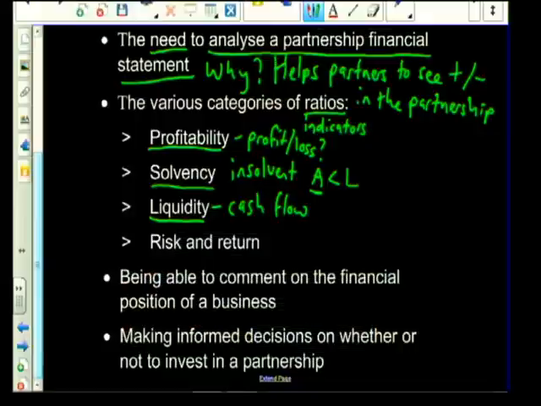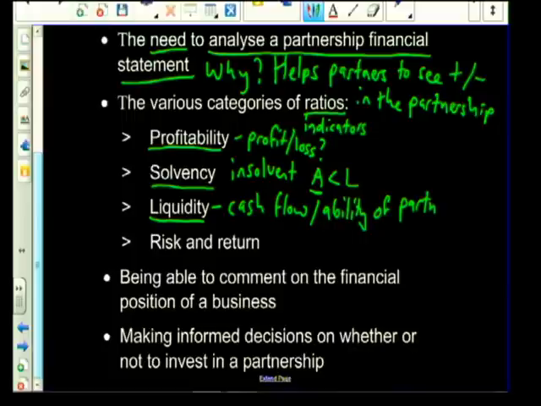It's no good having a lot of assets that are worth millions of rands, but not being able to pay a creditor that comes and knocks on your door and asks for 10,000 rand in cash if you don't have the cash. So when we look at liquidity, we're looking at the ability of the business, or in this case the partnership, because remember Grade 11s, we're doing partnerships. It's the ability of a partnership to pay its short-term debt.